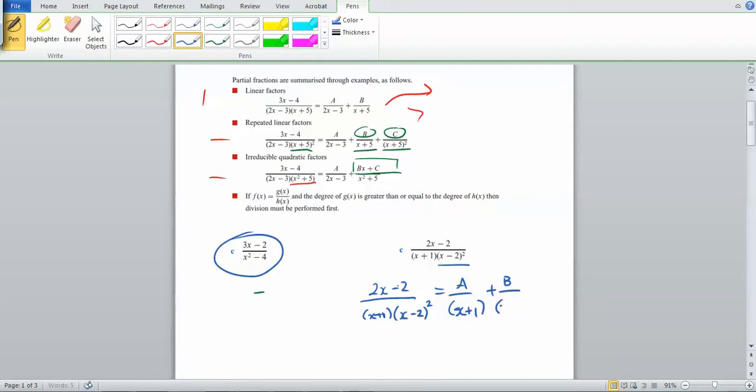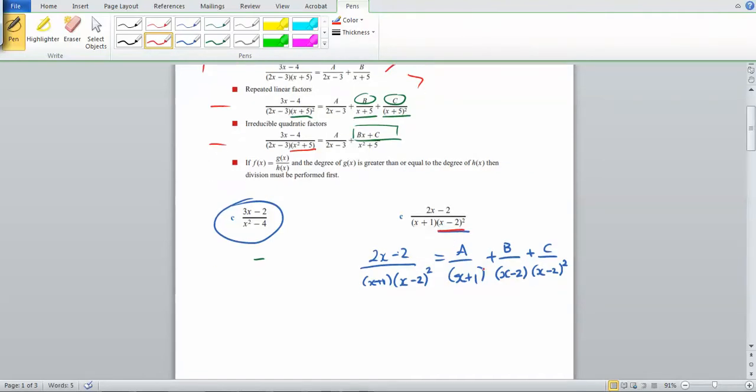Now, one of the factors of x minus 2 all squared is x minus 2, and the next factor is x minus 2 all squared. So we actually now have 3 fractions due to the fact that this x minus 2 all squared is a repeated factor.